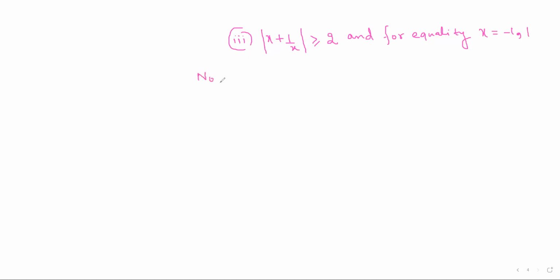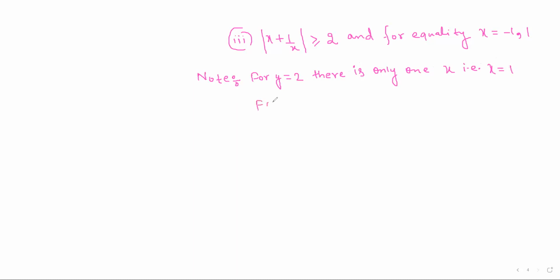Note, for y is equal to 2, there is only one x, that is x equal to 1.